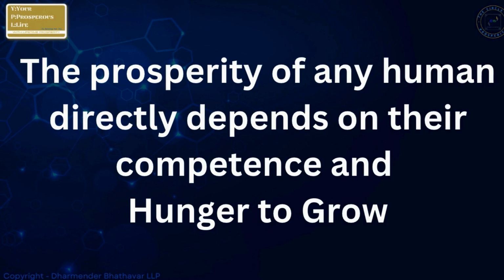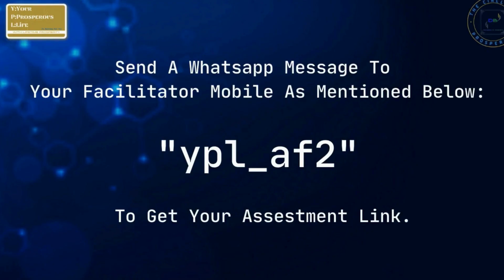So with respect to this, we will now be conducting one more assignment. Send a WhatsApp message to your facilitator or partner's mobile as mentioned below, that is YPL underscore AF2, to get your second assessment link.